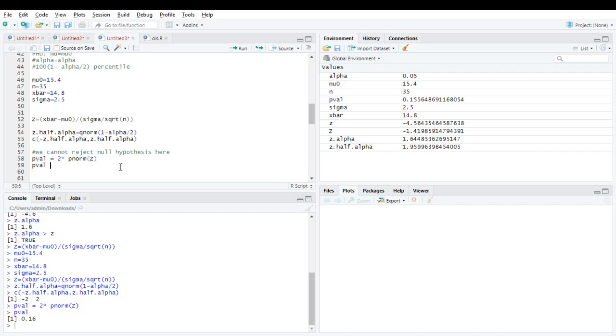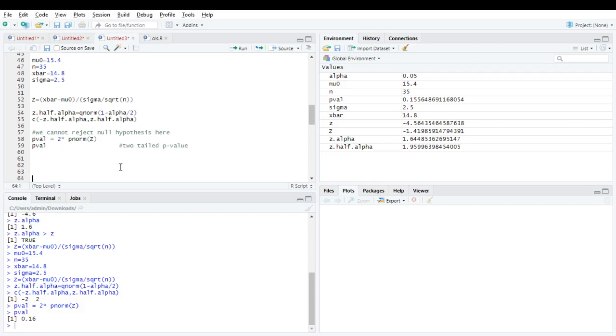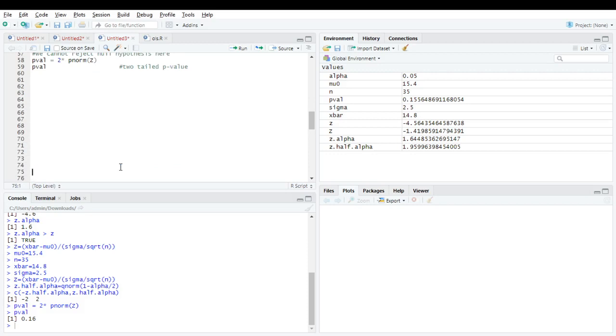So this p value has a statistical term. It is called two-tailed p value. Now this is end for known variance.